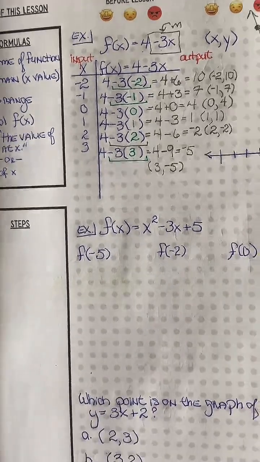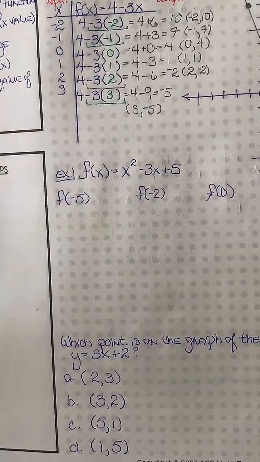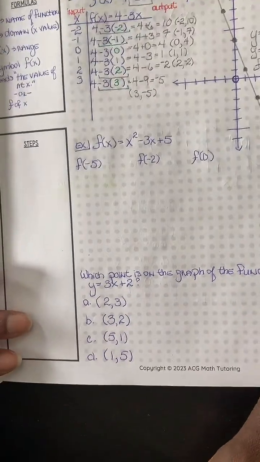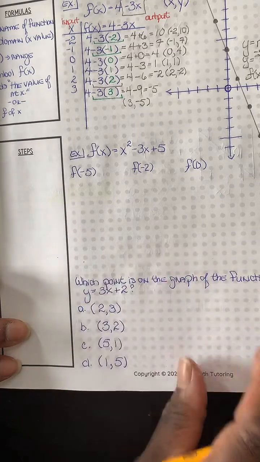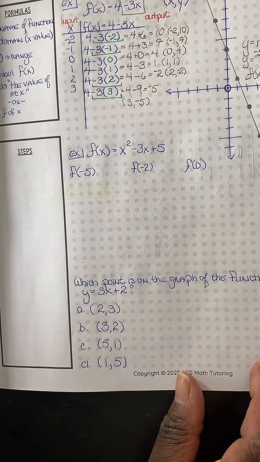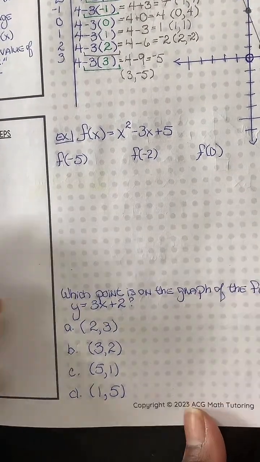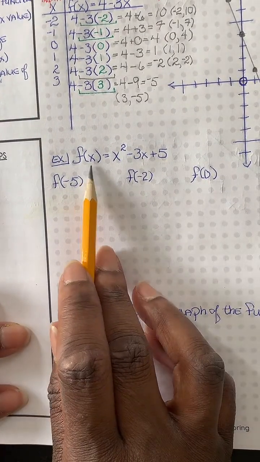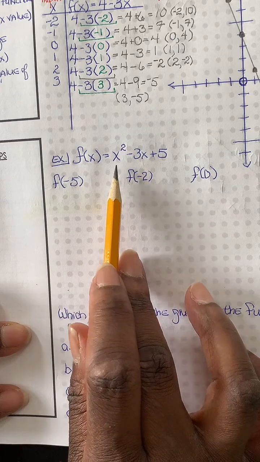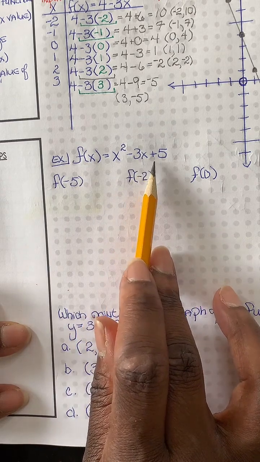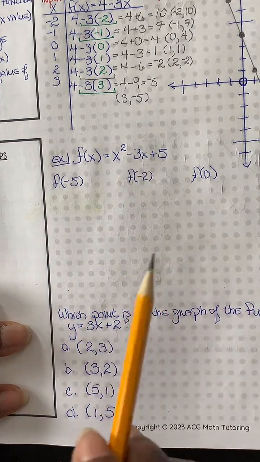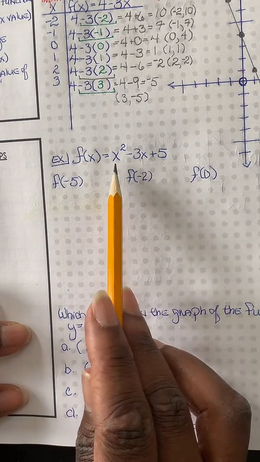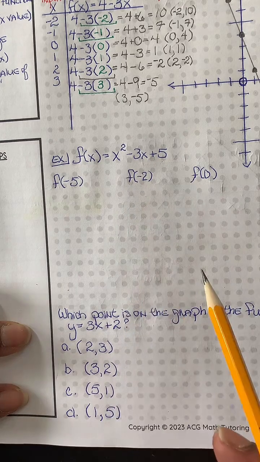All right. So now, let me unzoom just a hair. So now we've got another example. Okay, so now we have f of x is equal to x squared minus 3x plus 5. So this time, instead of a binomial, we have a trinomial.